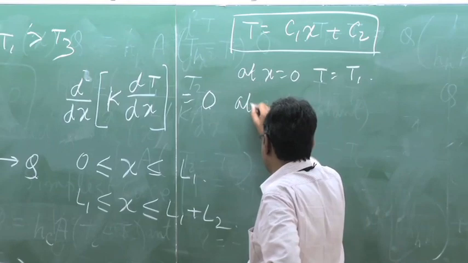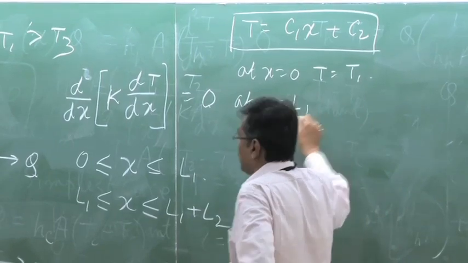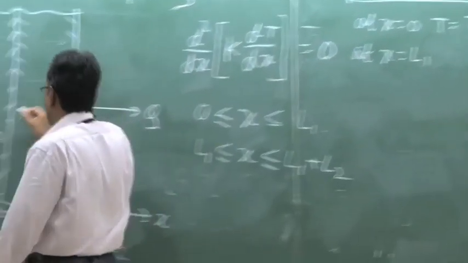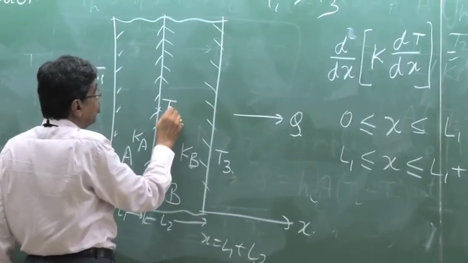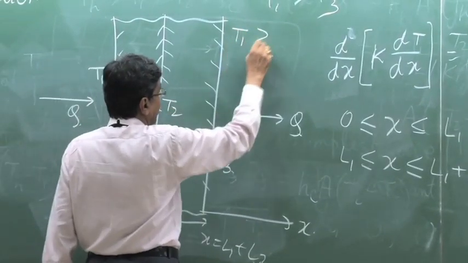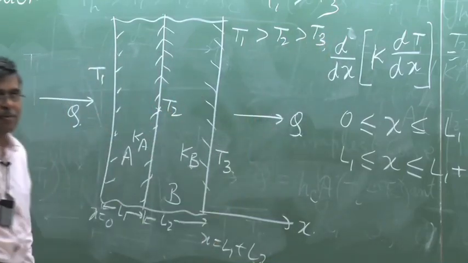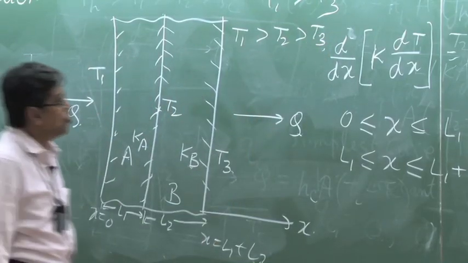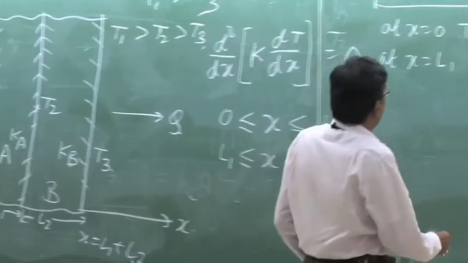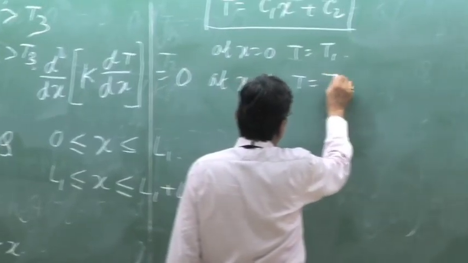And at x equal to L1, we define the interface temperature as T2, which is in between, obviously by the second law of thermodynamics. So T is equal to T2 there.